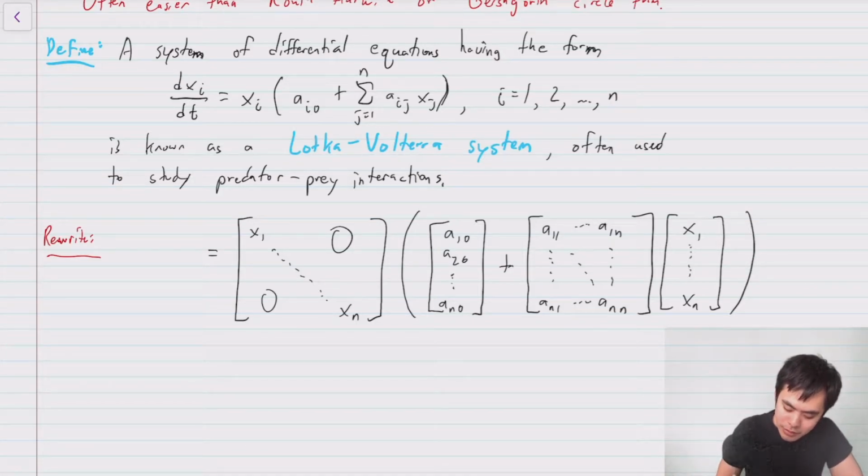Let me go ahead and rewrite this as x1 dot through xn dot.